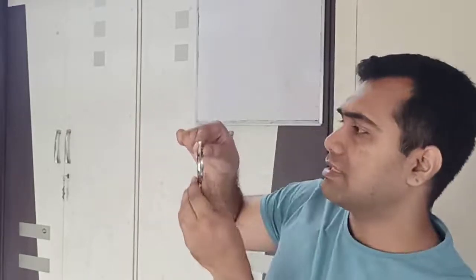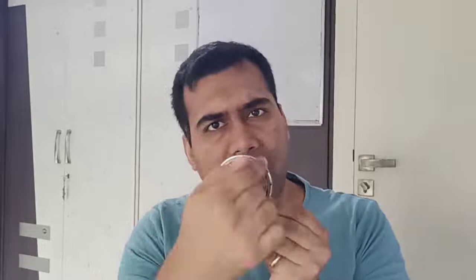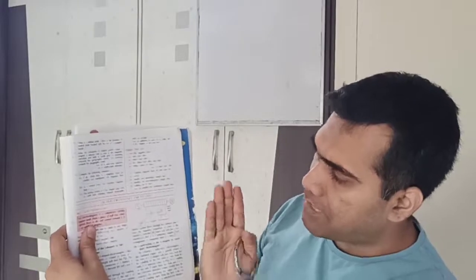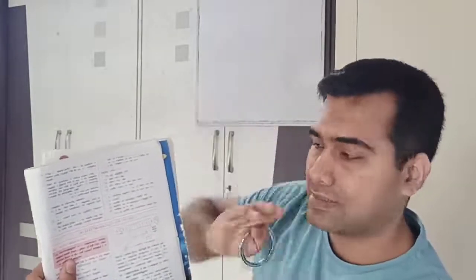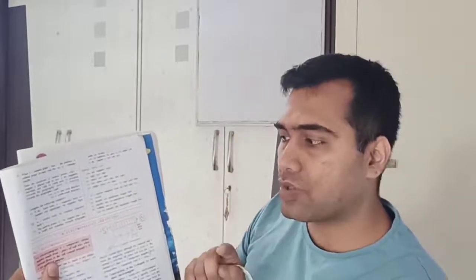So how is the current flowing? I can see that it is moving anti-clockwise. It is moving anti-clockwise if I see from the Q end. That is, the current is coming from behind and then going down in front. So that is an anti-clockwise movement. So that's how I know that Q will be the north pole.